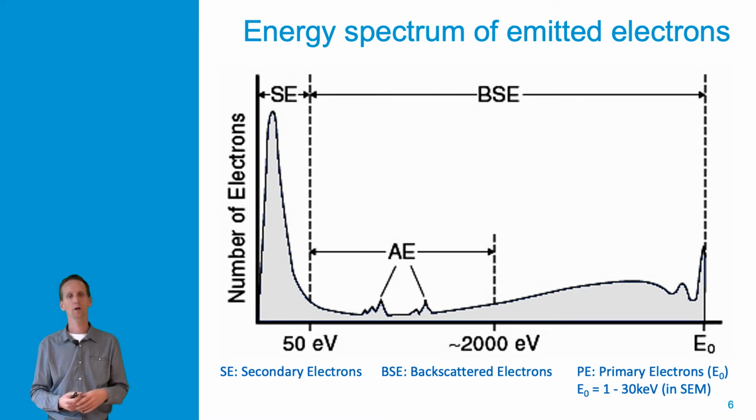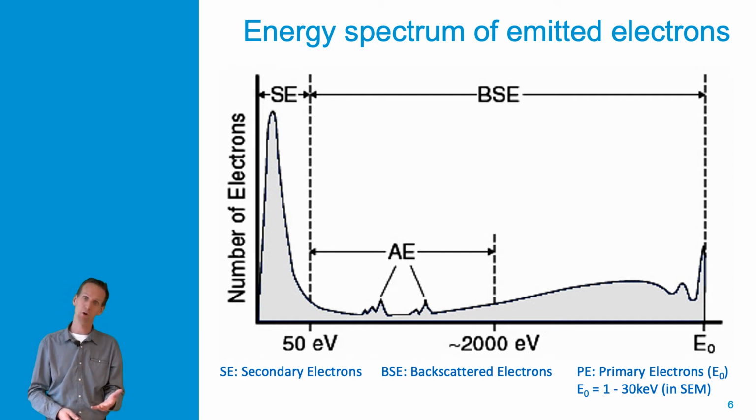Note that the peak at the low energies is very high, so a relatively large amount of secondary electrons are generated, but the energy range here of course is small. While in the broad continuum, the density of electrons emitted may be low per energy, but of course it's a very large energy band, so these can still be a considerable number of electrons.